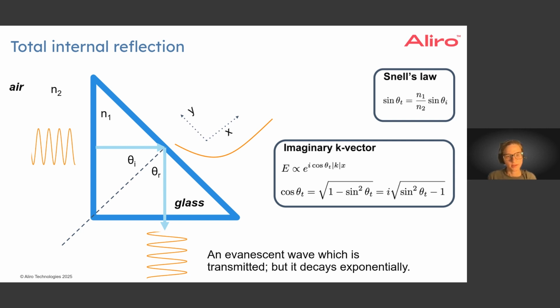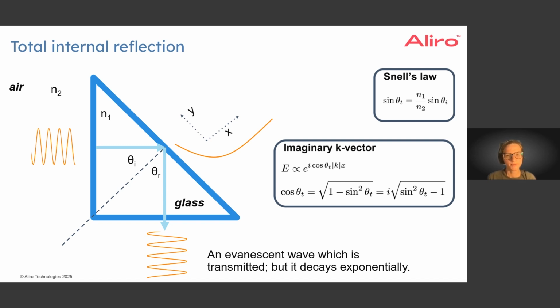So if we look at the case of light that's potentially going to be transmitting in the case of total internal reflection, we know that we can calculate the component of the light that's going to be transmitting perpendicular to this surface boundary between the glass and air.